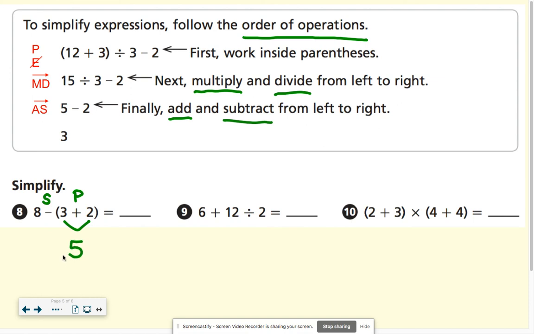It's going to really help you. Also, it shows your proof of how you got to your answer. Now, I did not use this 8 minus yet, so I just bring it down. Notice I have to keep it in the same order, because if I switched the orders, I'd get a very different answer. 8 minus 5 is 3.